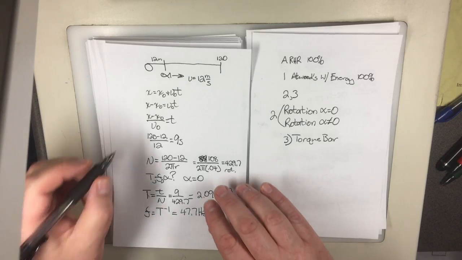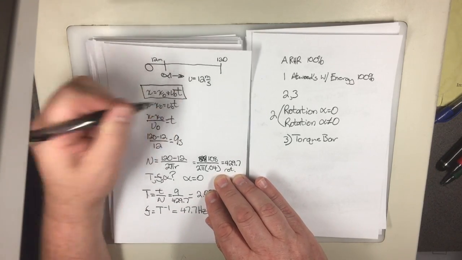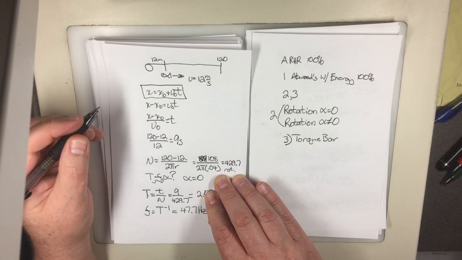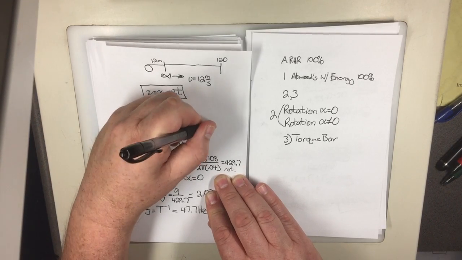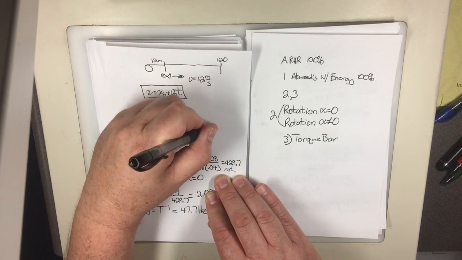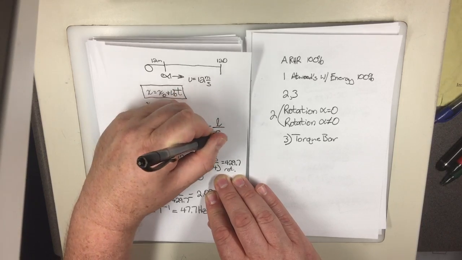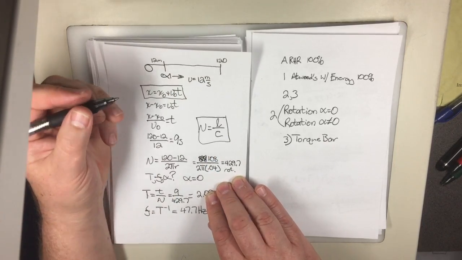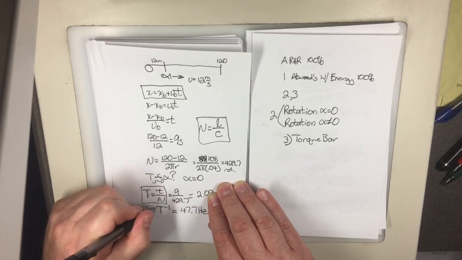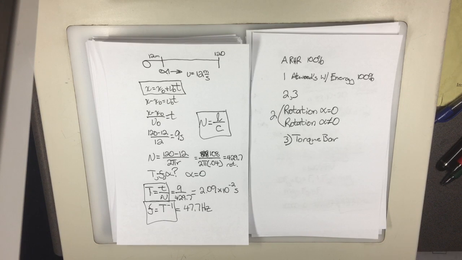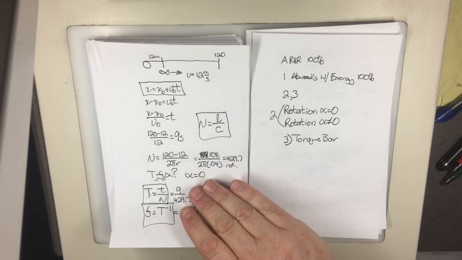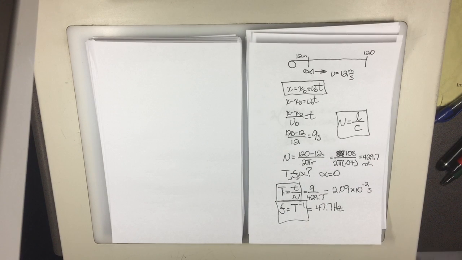The big problems: understand one-dimensional motion with no acceleration, understand that number of rotations is the length divided by circumference, understand that period is this and frequency is that. Yes? Do number 7 on problem set 5.